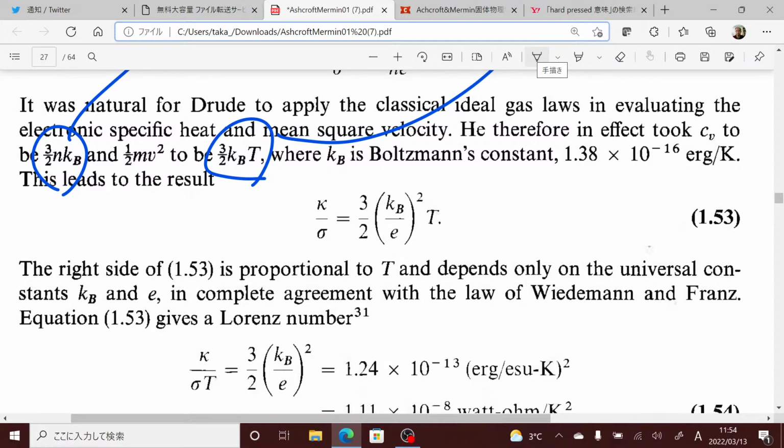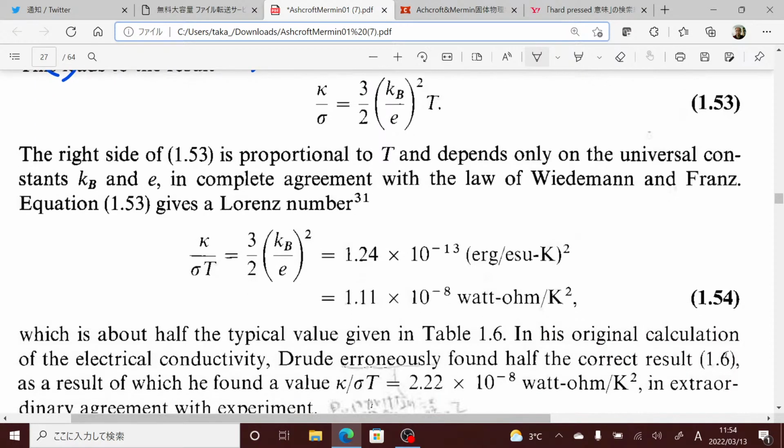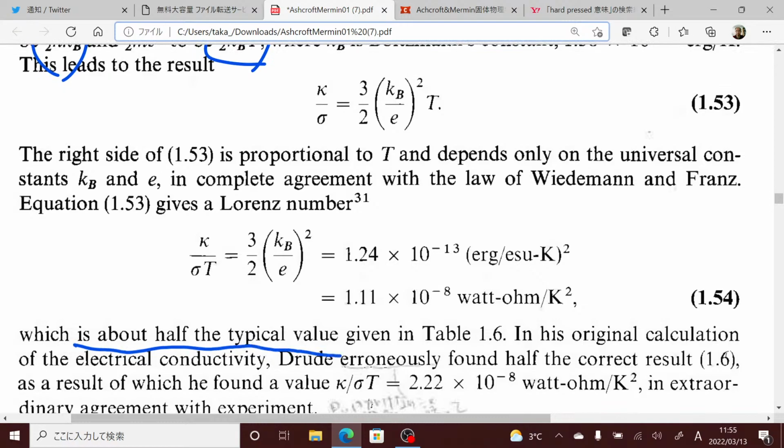Equation 1.53 gives a Lorentz number kappa divided by sigma T equals 3/2 k_B squared divided by e squared, equal to 1.24 times 10 to the minus 13 erg per esu Kelvin squared, or 1.11 times 10 to the minus 8 watt ohm per K squared, which is about half the typical value given in table 1.6.